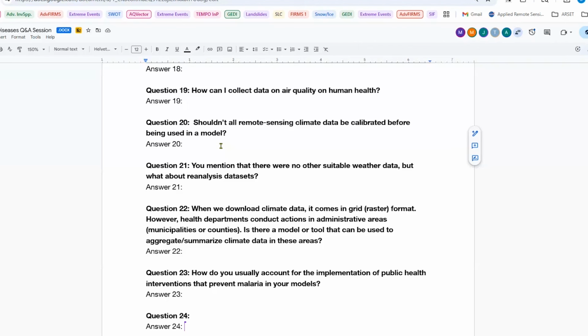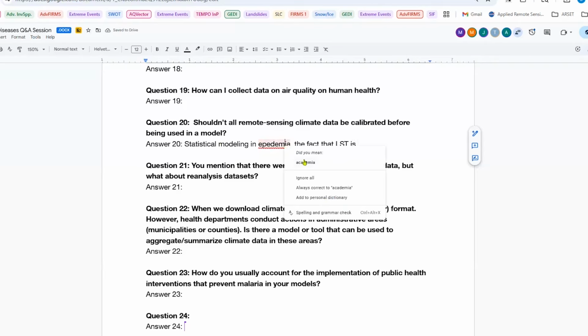And I do think in general, anything that can improve either the accuracy or the precision of the satellite observations would be helpful. With the type of statistical modeling that we're doing in EPIDEMIA, the fact that land surface temperature isn't exactly telling us the air temperature of where the mosquitoes are spending that time, it's okay.